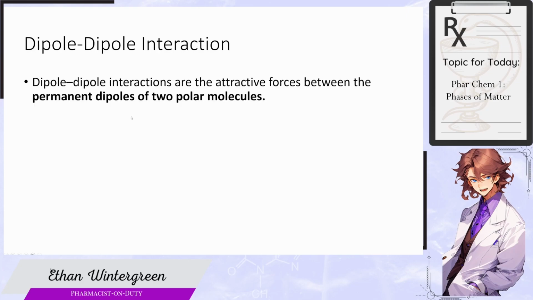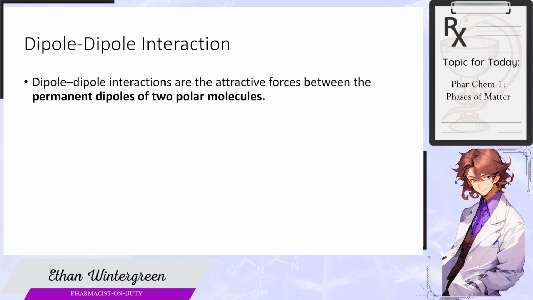So first is our dipole-dipole interaction. Our dipole-dipole interaction occurs when we have two polar molecules. So our polar molecules have a positive charge and a negative charge, meaning that two polar molecules have two sets of positive charges and two sets of negative charges.